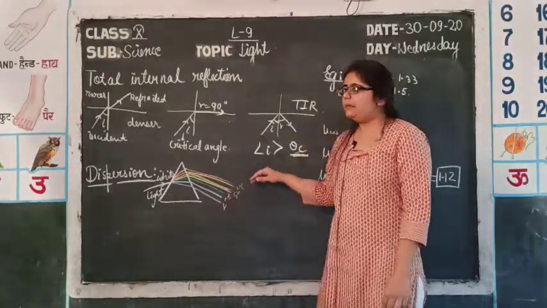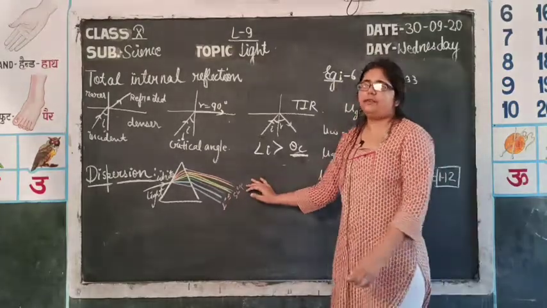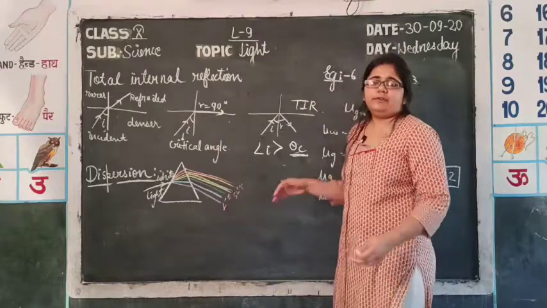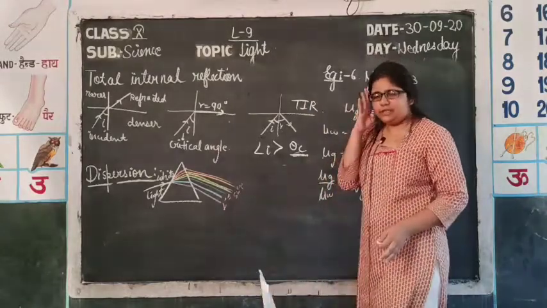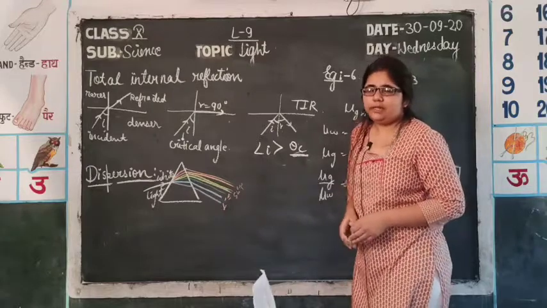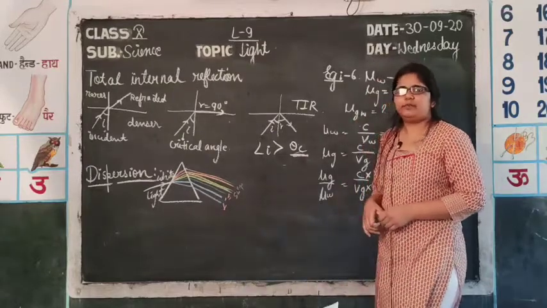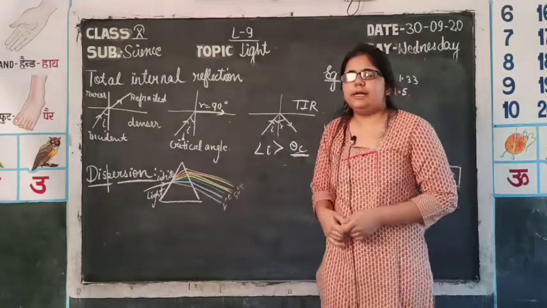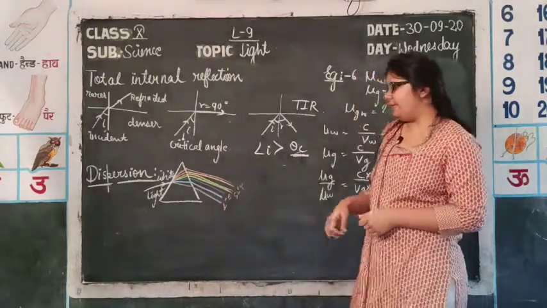The red color, which has the maximum wavelength, will bend the least, because when refraction takes place, wavelength changes and the speed of light in the medium changes, but one thing that remains constant is the frequency of light. Frequency depends only on the source. It cannot change with the change of medium.